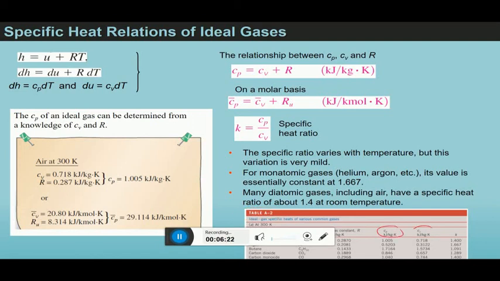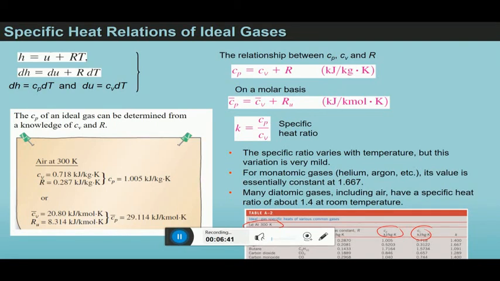Most of these specific heat values can be viewed in your table A2. In table A2, there are several subtables, and in the first one, you have the values of Cp, Cv at 300 Kelvin.